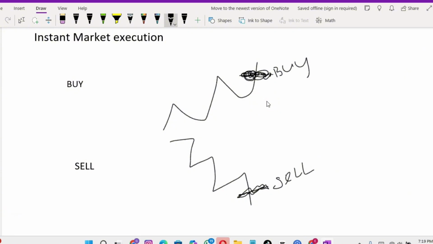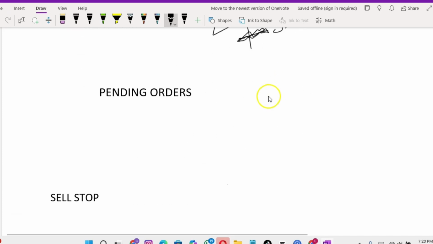You can either place it through instant market execution, by clicking the buy or the sell button, or you can place pending orders. This instant market execution is telling your broker to take me in at this current market price. So that is that for instant market execution.